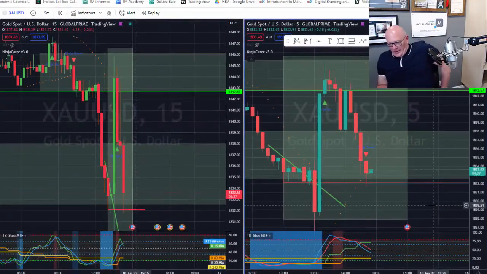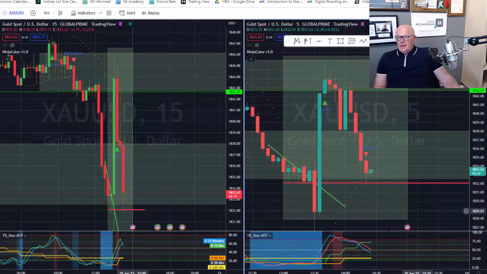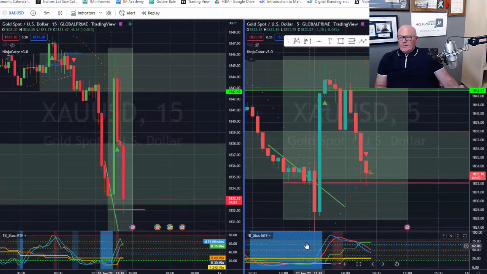The stochastic right now is kind of in the middle. It's kind of nowhere with that, but it has been into the extreme up here, as you can see, and it's come down, and that line that comes down represents that. So in terms of the stochastic, we've had the extreme up here, and then it came down to the downside, which represents this price action here, and we're now sort of hovering in the middle.